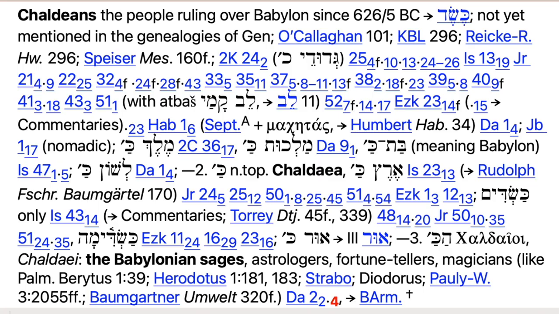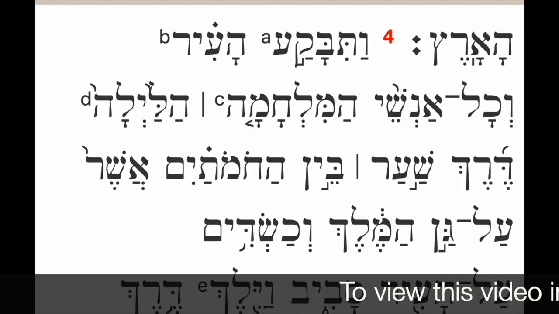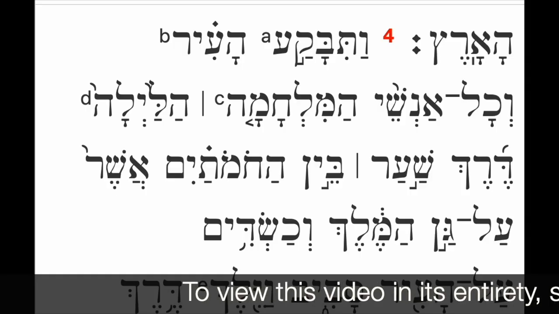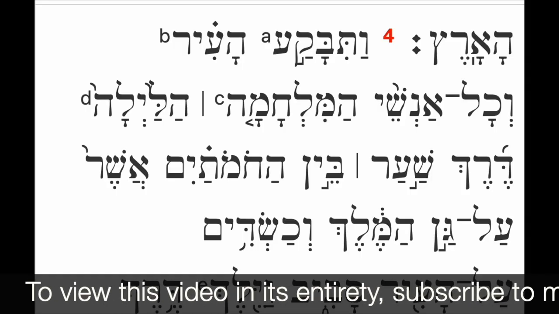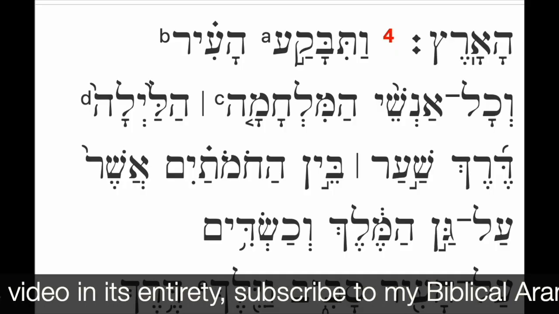And so we have to be very careful in reading these texts because the meaning may vary from one text to another. If we go over to 2 Kings 25:4 for a minute, in a passage dealing with the fall of Judah and Jerusalem, we have Vatibaka ha'ir v'chol anshe ha'milchama halayla. So Vatibaka ha'ir, and the city was split.